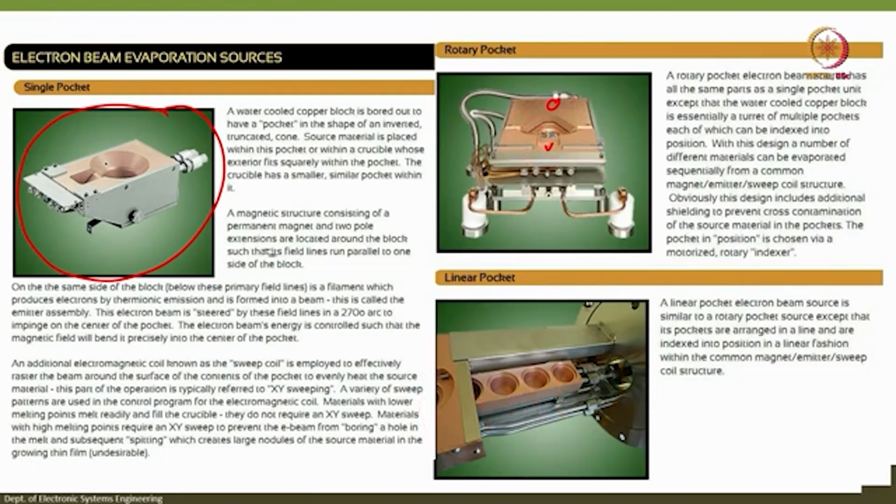So, let us read the first one, which is the single pocket. A water cooled copper block is bored out to have a pocket in the shape of an inverted truncated cone. Source material is placed inside, within a crucible whose exterior fits squarely within the pocket.